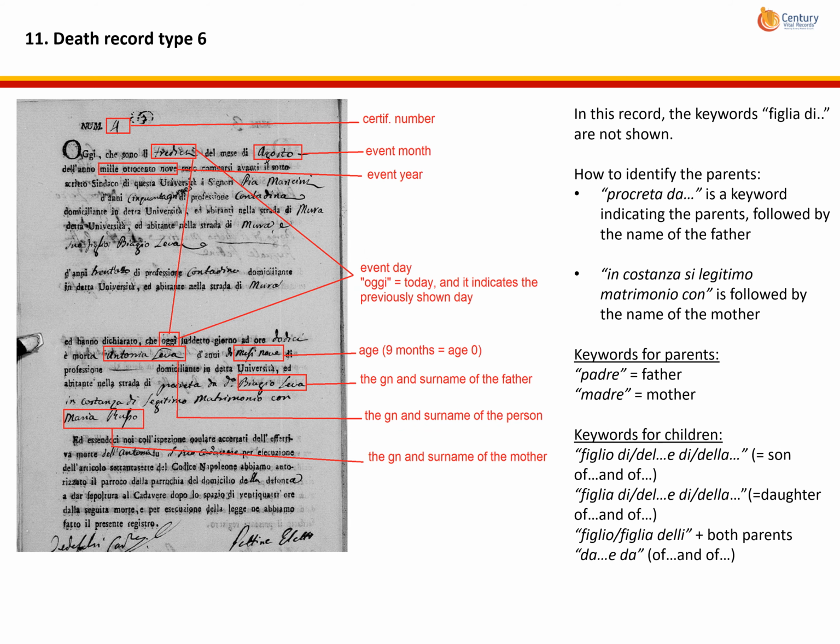In this record, the keywords used to indicate the names of the parents are different from the keywords used on the previous images. Go through the keywords listed in this slide.